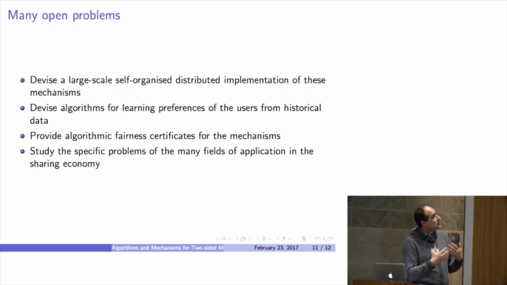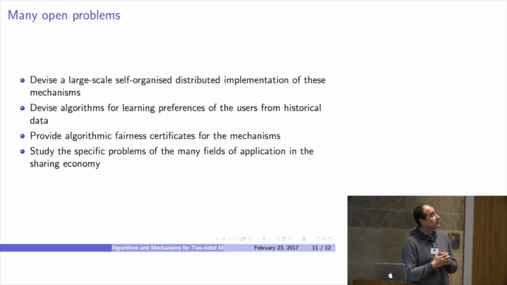But we think we must go much further. There are many open problems. One open problem is to devise a large-scale, self-organized, distributed implementation of this mechanism. So the question is, can we avoid having single players run this mechanism and let it be played by the agents in a distributed fashion? This is a crucial open question in this area.